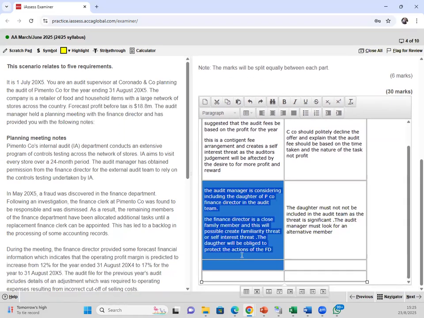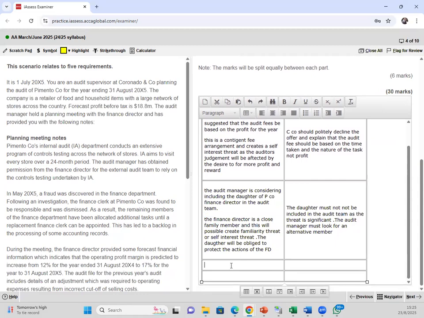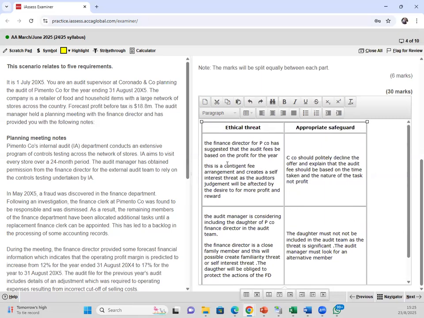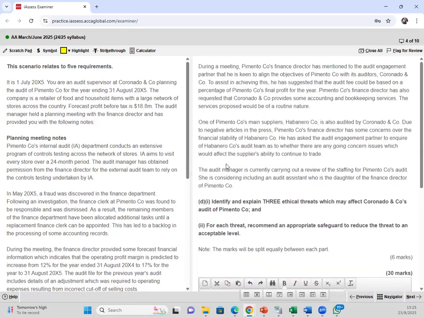So the third one, let me just talk about it. I'm not going to write this one down. Let's go back to the case. P Company's finance director has also requested that C Company provide some accounting and bookkeeping services.